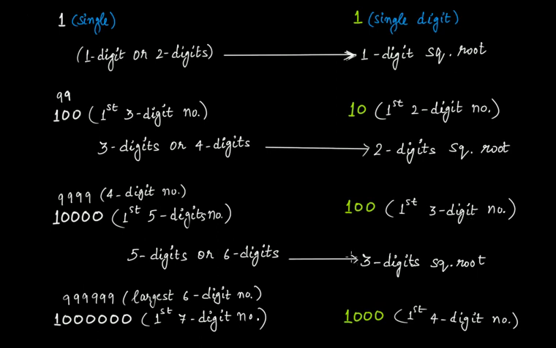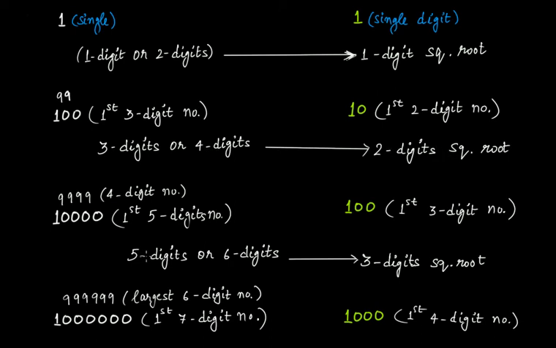So what's the pattern? If you have 1 digit or 2 digits in your square numbers, then the square root will have only one digit. If your square numbers have 3 digits or 4 digits, then the square root will have 2 digits.